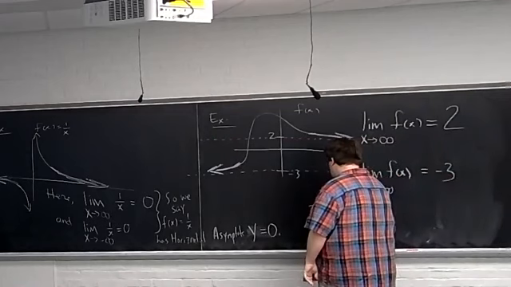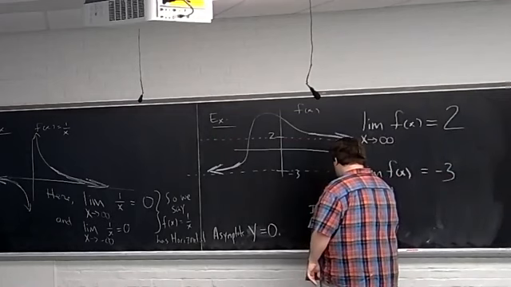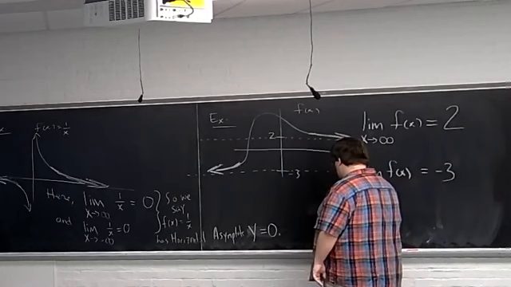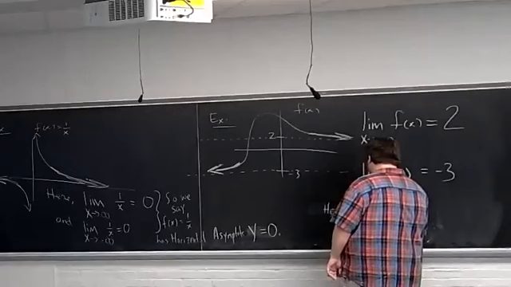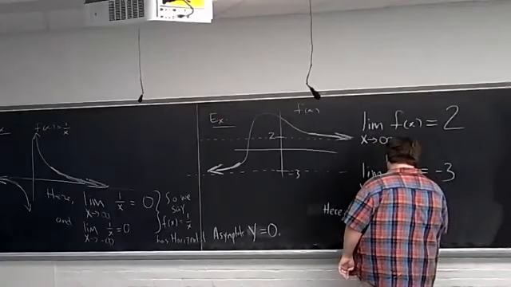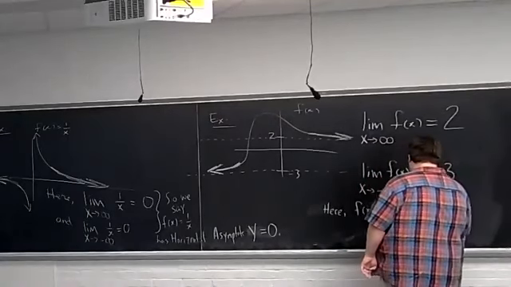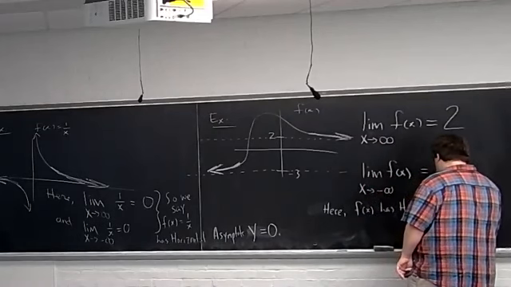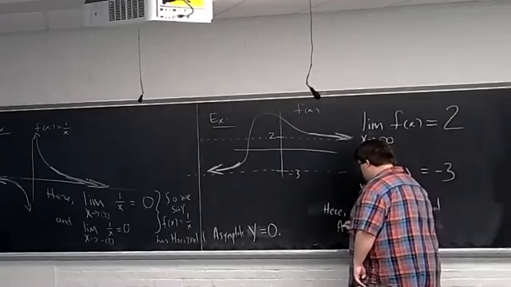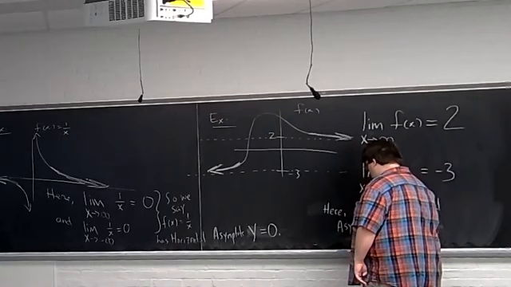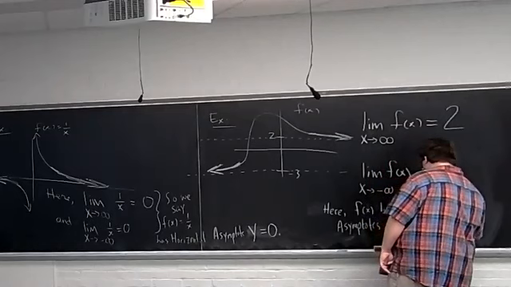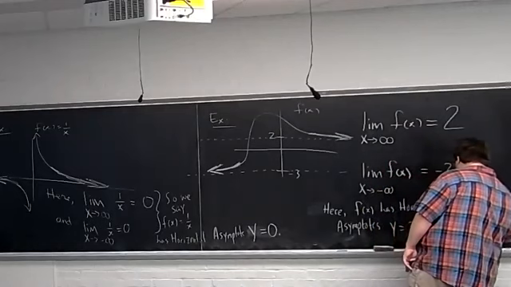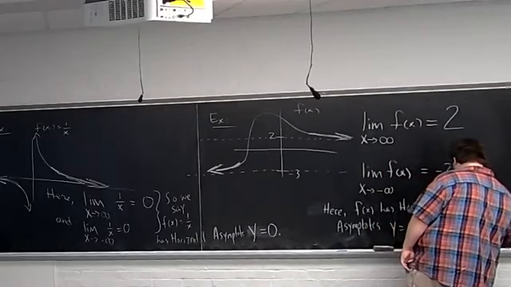So, I'll just say here, this is still in this example, f of x has horizontal asymptotes y equals 2 and y equals -3.